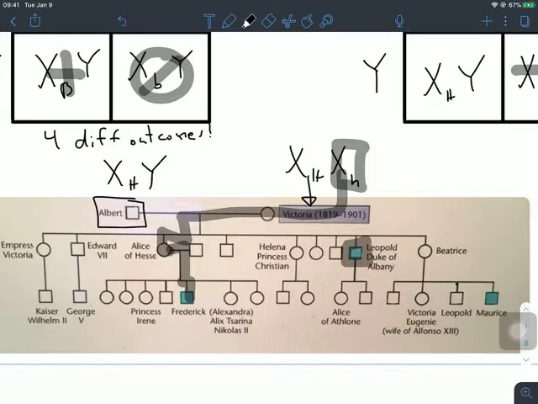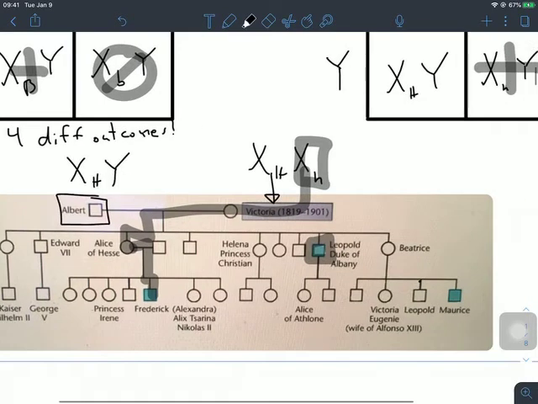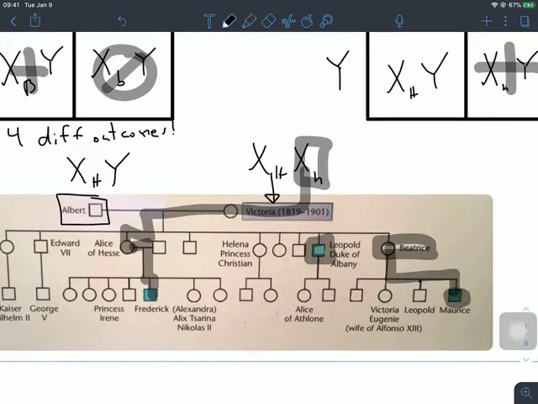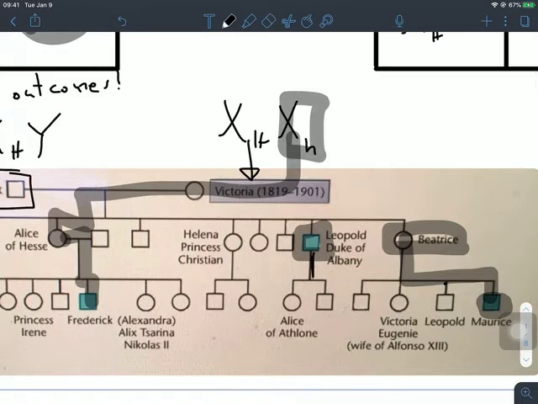The Duke Leopold of Albany had the hemophilia allele, as well as Victoria's daughter Beatrice, who then passed it on to Maurice. And obviously, these lines where they indicate a single line drawn, they're excluding the mating pair there.